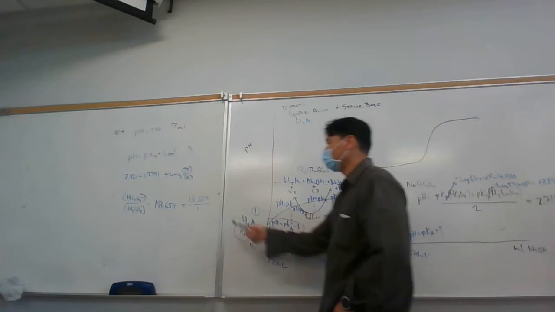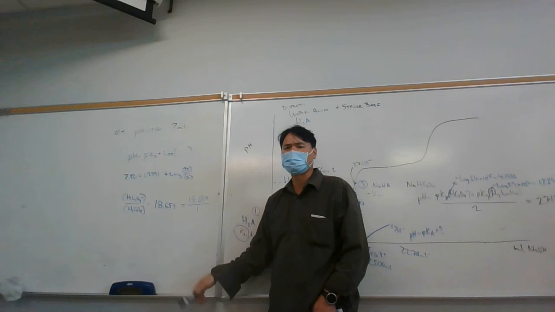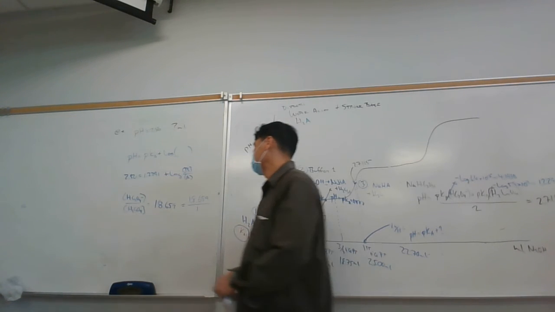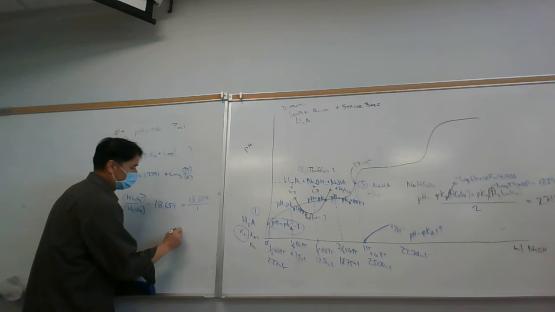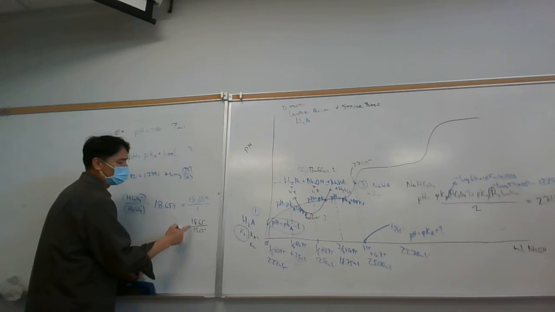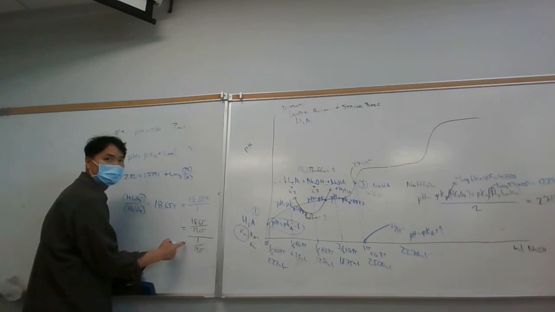And so the same thing goes here. I know how many parts of base I have, and I know how many parts of acid I have. What's the total number of parts here? Yes. And so what we have here is 18.65 out of the 19.65 total parts is base, and 1 out of those 19.65 total parts is acid.